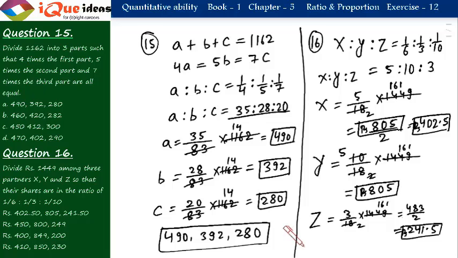First one is 402.5 rupees. Second one is 805 rupees. And the third one is 241.5 rupees. Okay. These are the shares of each person.